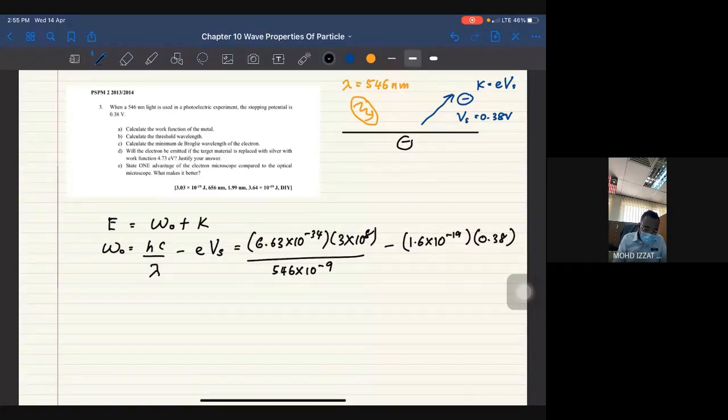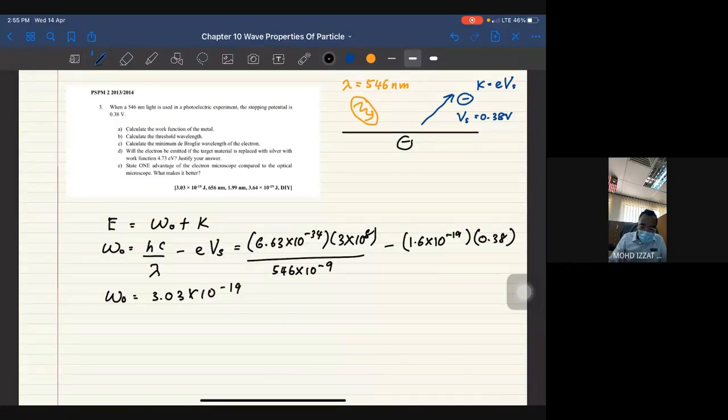Okay, I'm going to shoot it over there. We got over here 3.03 times 10 negative 19.